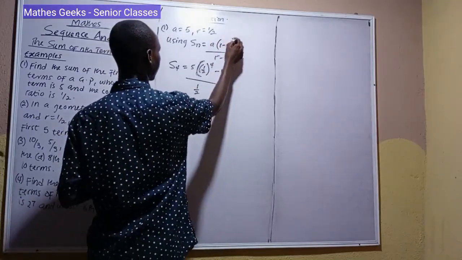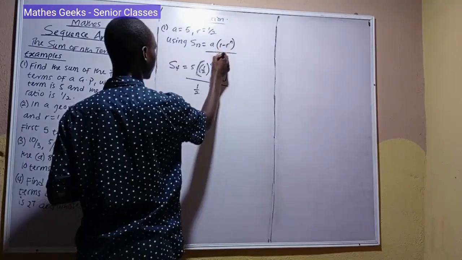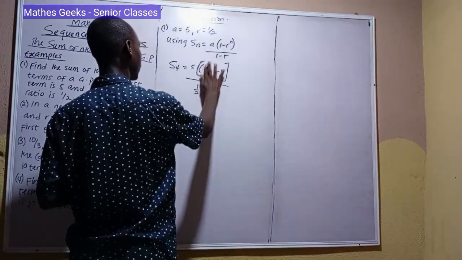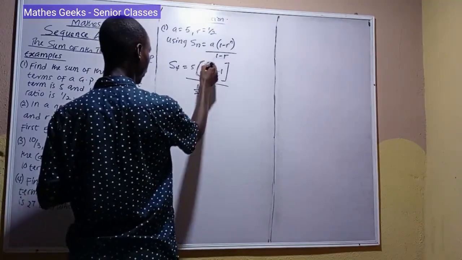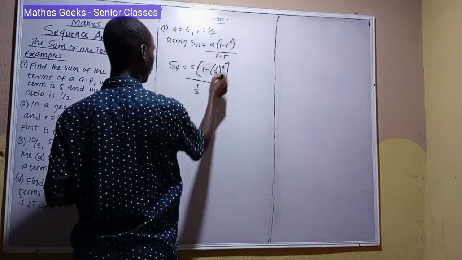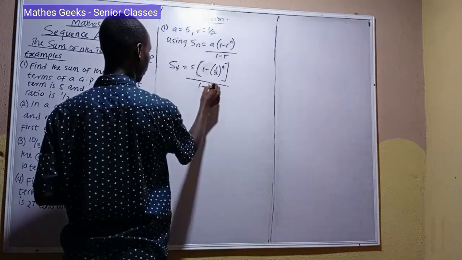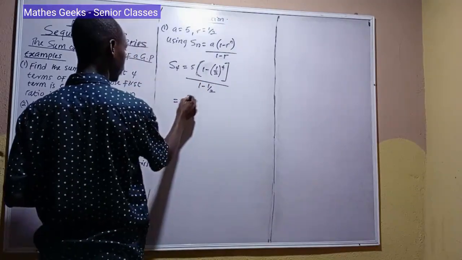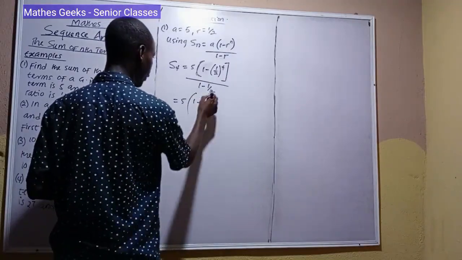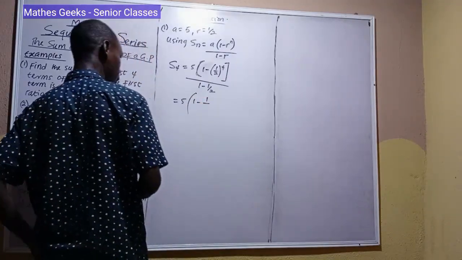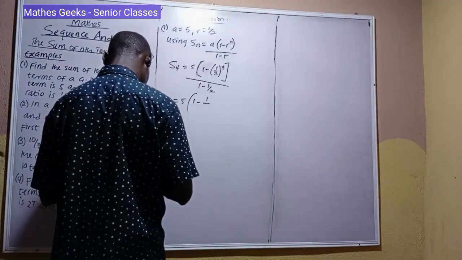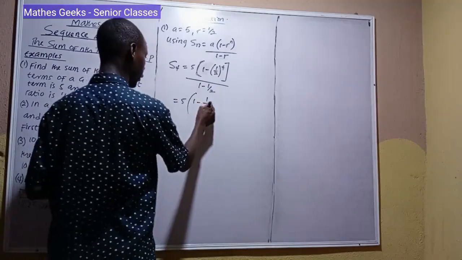Or, since the ratio is less than 1, we use A times 1 minus R raised to N over 1 minus R: 1 minus 1 over 2 raised to the power 4, over 1 minus 1 over 2. 2 raised to the power 4 is equal to 16.